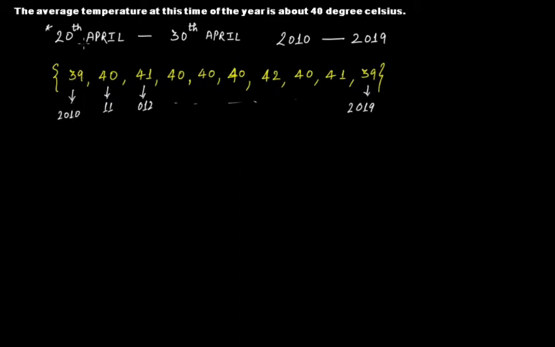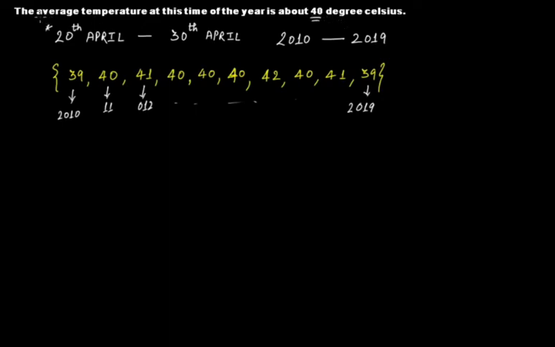In 2010, during this period, the temperature was 39 degrees Celsius. In 2011, it was 40. In 12, it was 41. Then 40, then 40, then 40, then 42, then 40, then 41, then 39. It means that for this period, starting from 2010 to 2019, it's not like that for each and every year the temperature was 40 degrees Celsius.